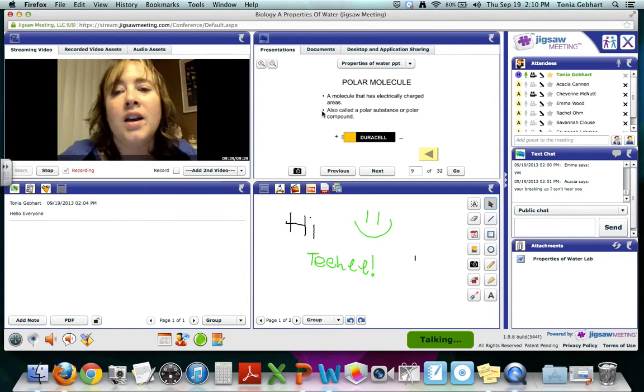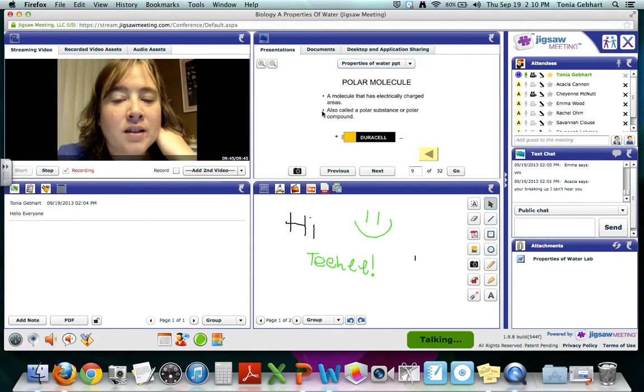Molecules that have an electrically charged area are called polar molecules, a lot like a battery. Just like the Earth, we have a North Pole and a South Pole. The reason we call those poles is because we have a magnetic field that surrounds our Earth.